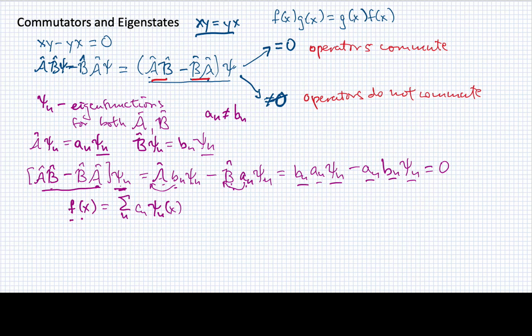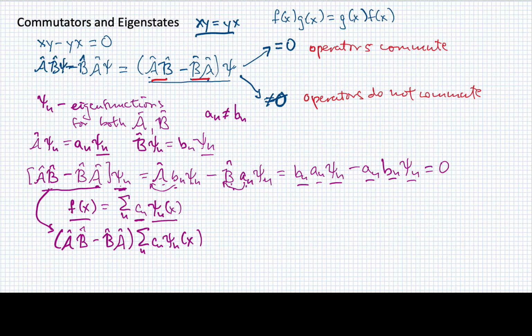So if I can express any function as an expansion in these functions, where these coefficients are just numbers, then I can apply this same operation to this set of functions.